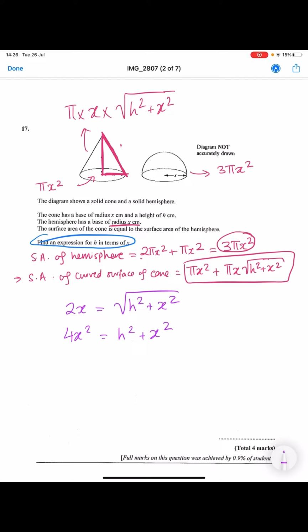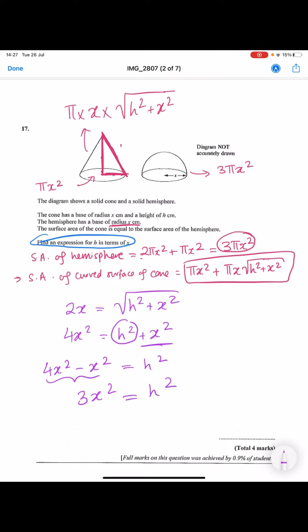Okay, now what's in the way of h? X squared is. And x squared is being added onto h squared, so the opposite of adding is taking away. So we need to take away from the other side. So 4x squared, take away x squared equals h squared. Let's simplify this, which is 3x squared, 4 take away 1 is 3, so 3x squared equals h squared.